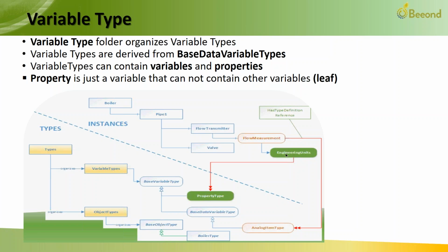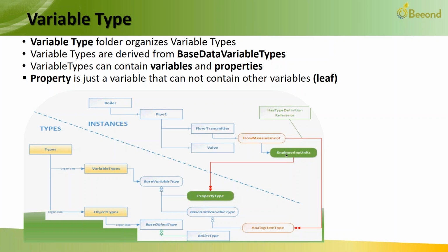leaf object. Probably a more conventional separation of those concepts is that the variable is the representation of a value, a piece of data that will mutate throughout the life cycle of the application, you know, a process value, a temperature value, whereas a property might represent a characteristic of that object that does not mutate throughout the life cycle of the object itself.